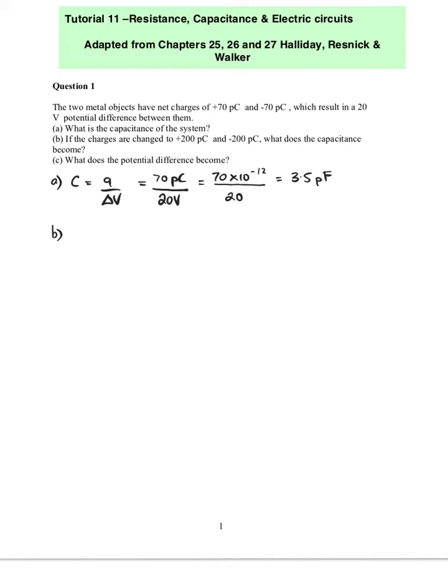Okay, question B. This has got a bit of a trick to it. If the charges are changed to 200 picocoulombs, what's going to happen to the capacitance? Well, it turns out the capacitance is independent of Q. The equation for capacitance is epsilon naught A divided by D, so there's nothing there about the charge.